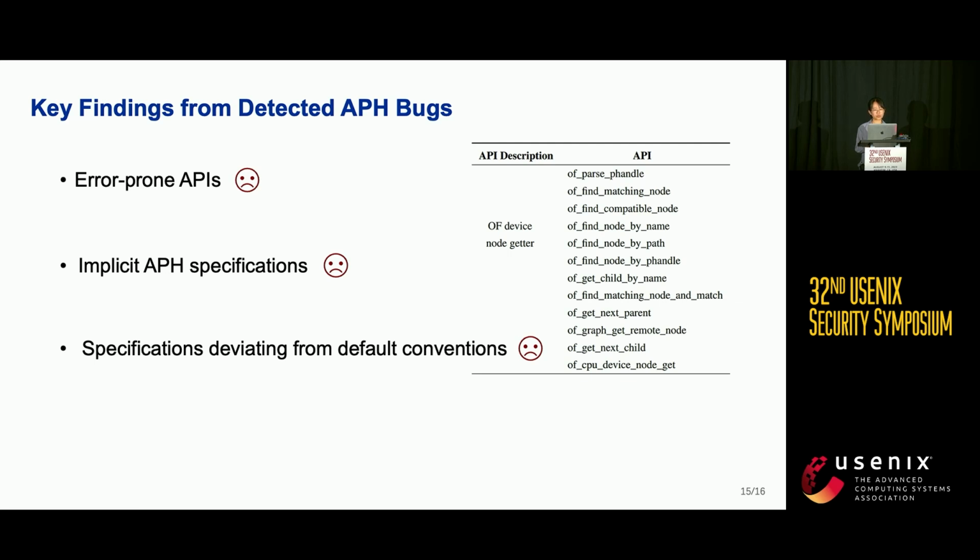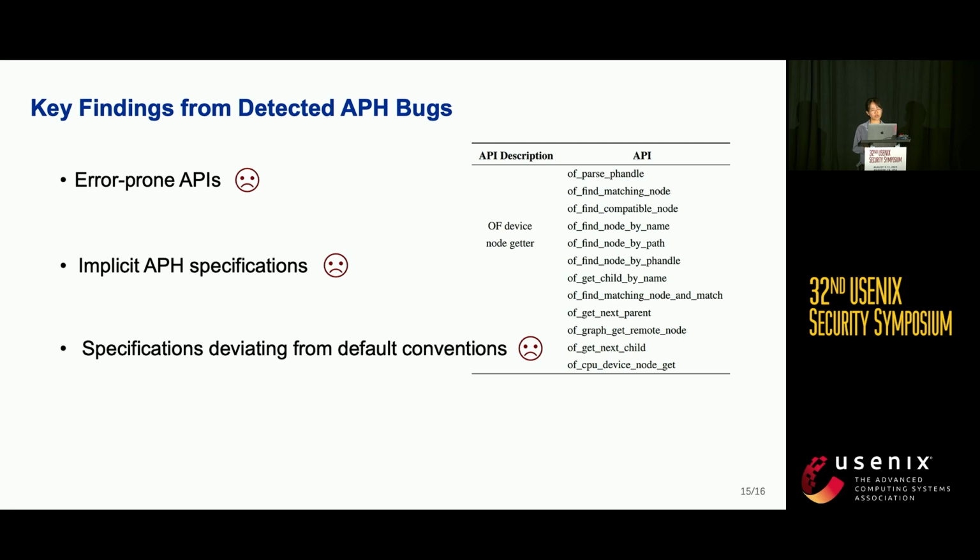Moreover, some APH bugs arise due to implicit usage specifications derived from program-specific conventions. And these specifications are not mentioned in the API document. Developers who are unfamiliar with the program are likely to make mistakes on this. Also, some API designs are quite counterintuitive, leading developers to make mistakes.